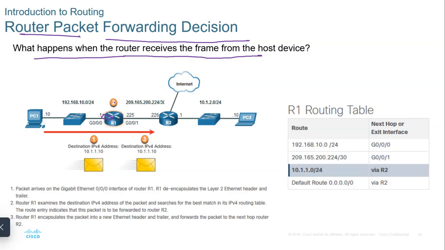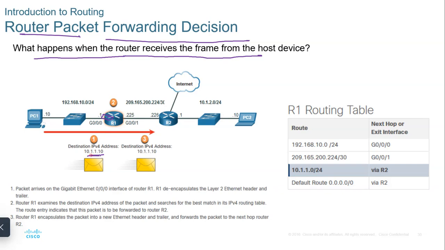So the router receives the frame from the host and decomposes it to check the source and the direction. At this point the destination is 10.1.1.10, as you can see.